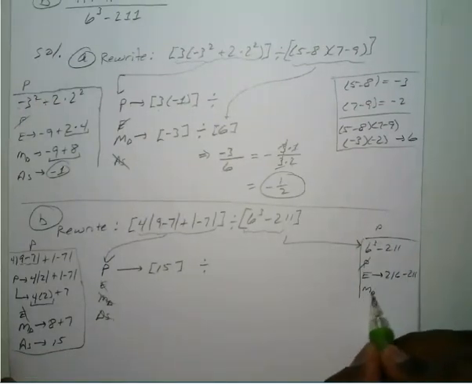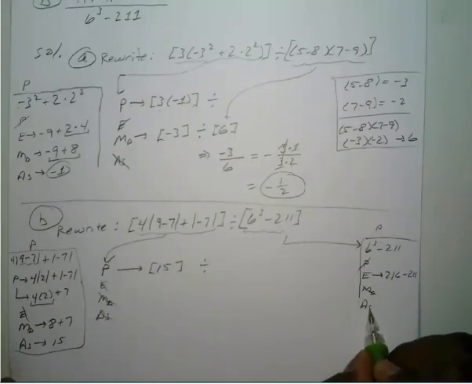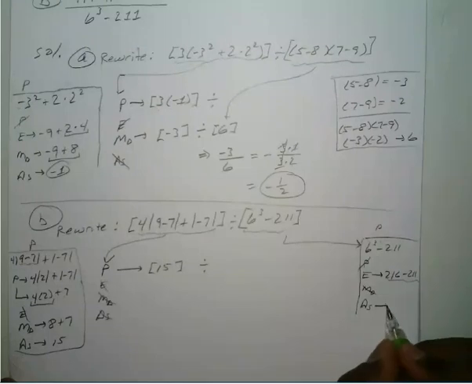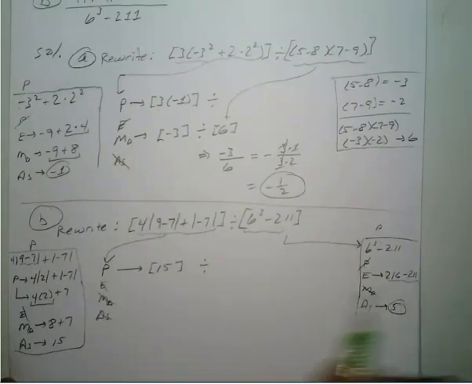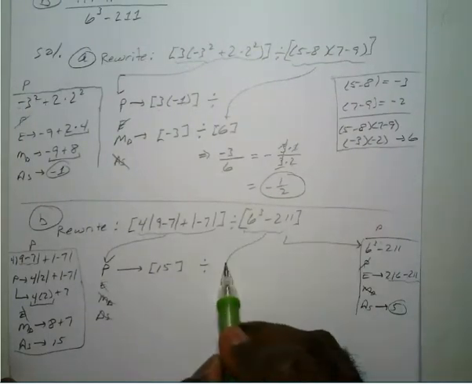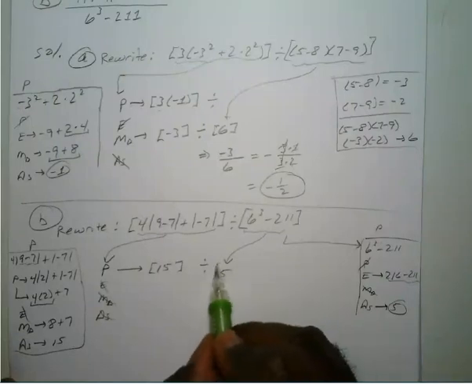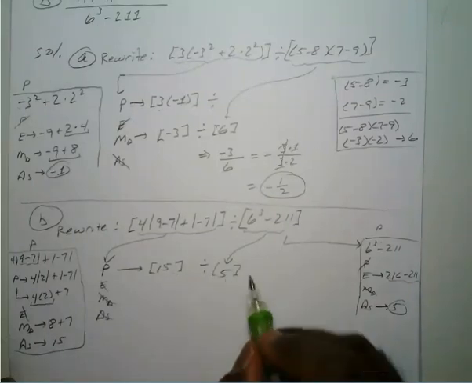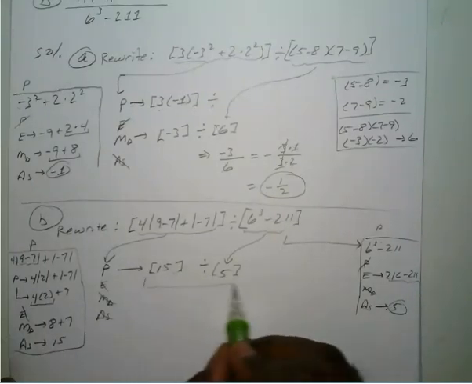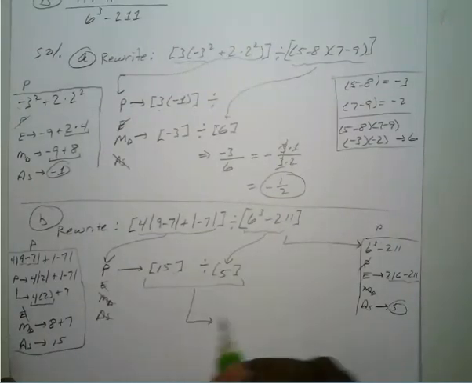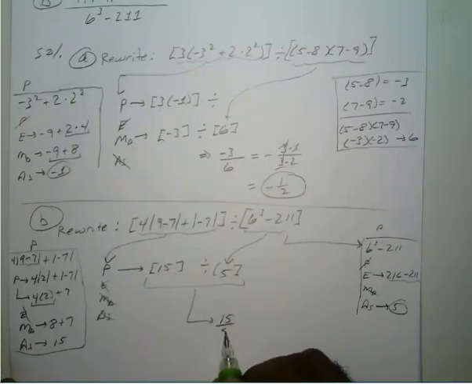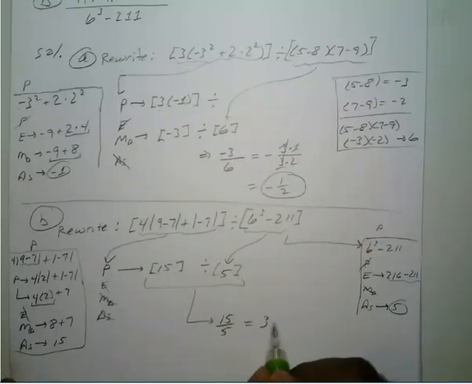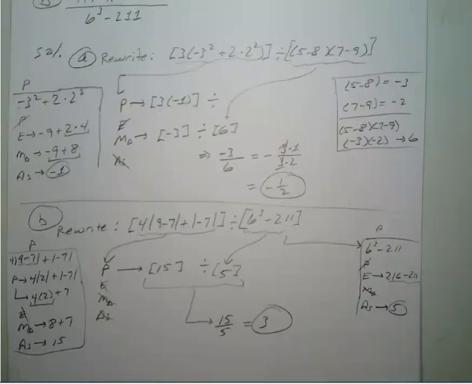We don't have any multiplication or division, but we do have adding and subtracting, where 216 minus 211 is 5. So everything in here becomes 5. Okay, so if we rewrite this, 15 divided by 5, that's just 15 divided by 5, which is equal to 3.